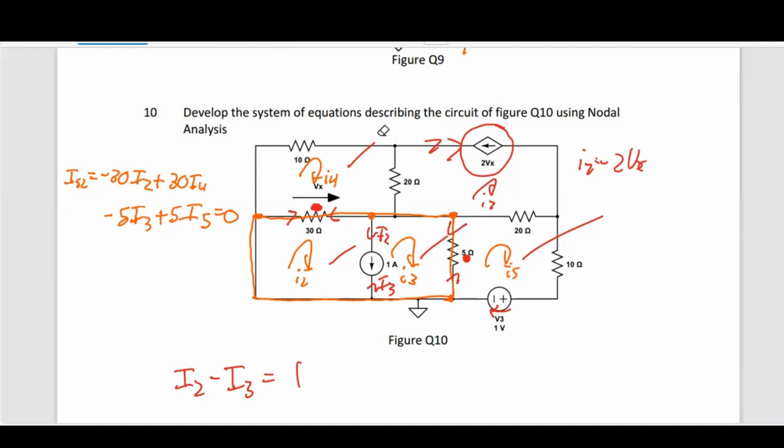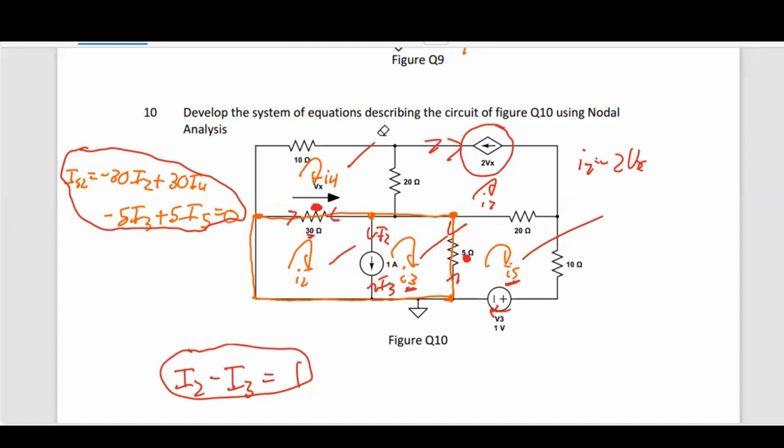So the super loop equation will be one big equation that is a combination of the two loops you went through, and then you have a link equation for it. So we just have two equations. The equations can have any combination of currents; it all depends on which resistor you go through. For this 5 ohm, you'll have an I5 term and an I3 term.